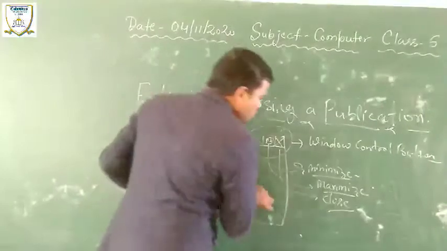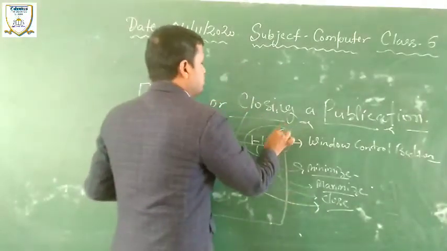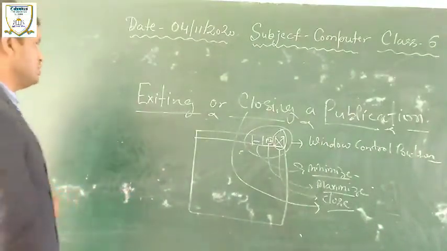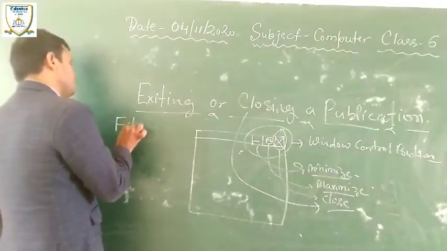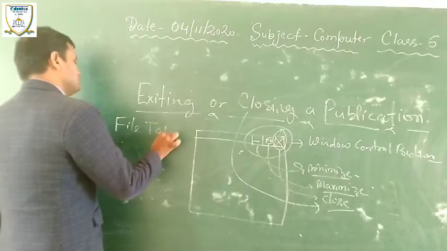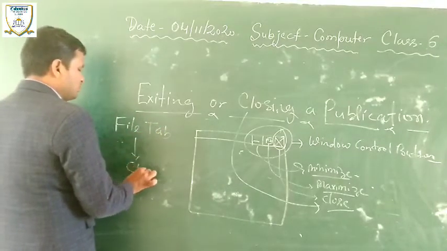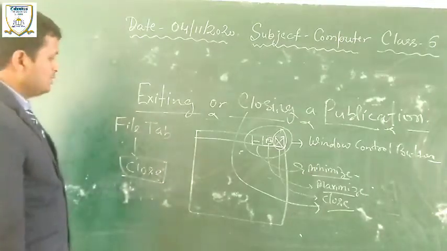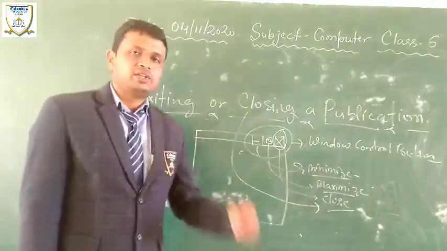If you need to close your system, you just click over here and your publication is closed. Or you can go to the file tab and select the close option. So this is the procedure to close your publication.